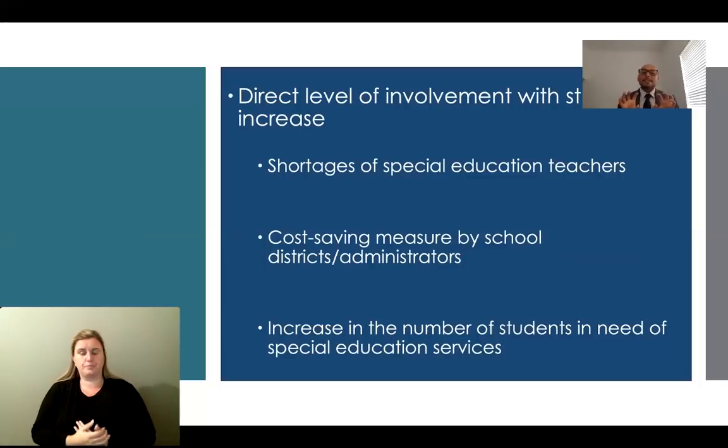So as the number of students in need of special education services increases, the direct level of involvement between students and paraeducators in instruction also increases.